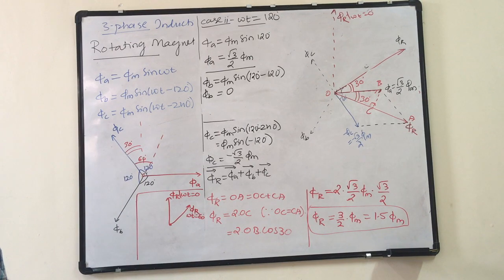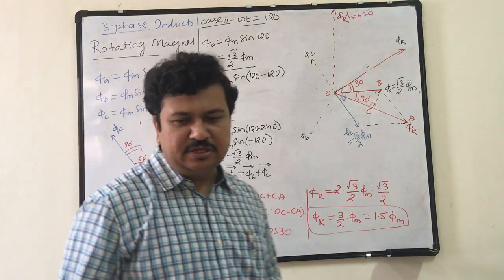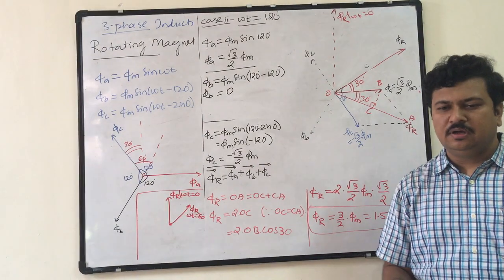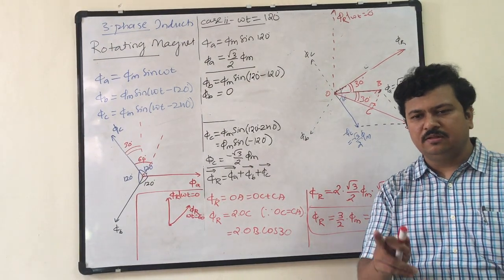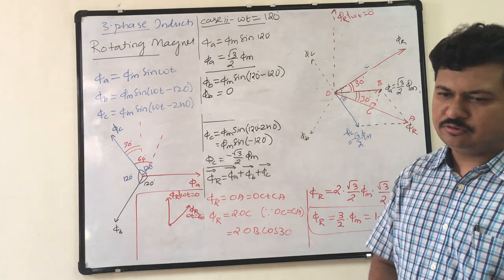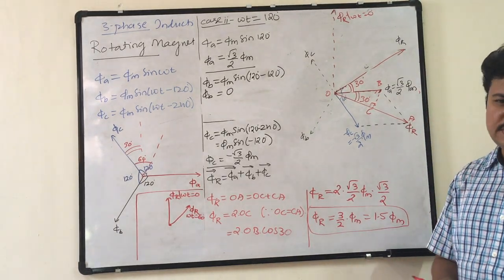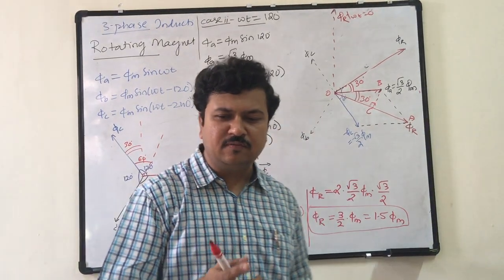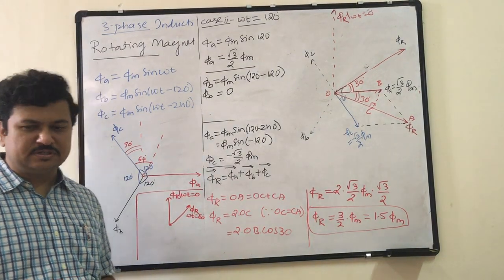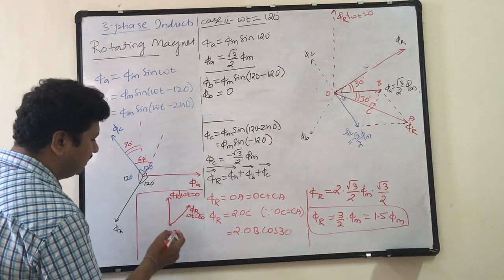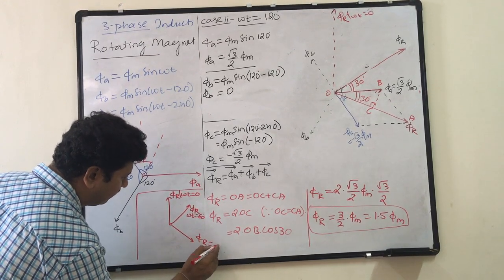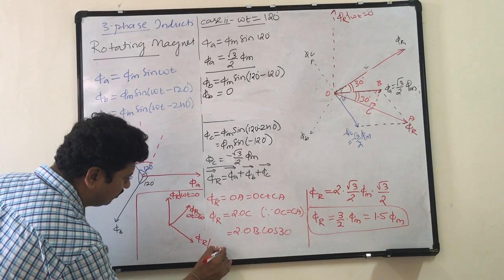So again we observe here that the magnitude of the resultant vector is not changing. Only the angular position is changing with respect to the supply angular position. As omega t changes, the position of the resultant flux also changes, keeping the magnitude constant. So the third position is here: phi r at omega t equals 120 degrees.